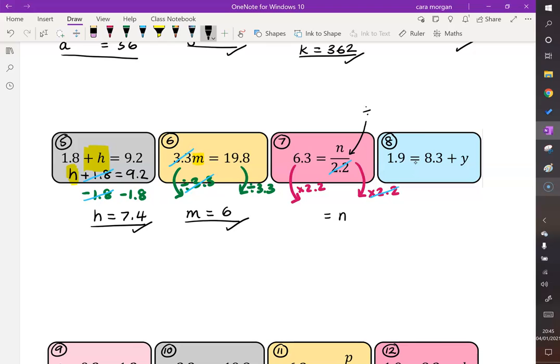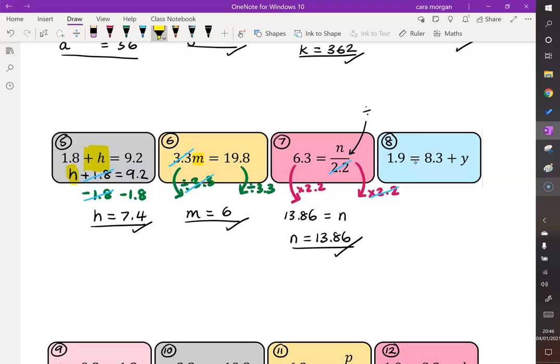And on the left-hand side, that's 13.86. I might just write n is equal to 13.86 because I quite like my variable to be on the left-hand side. Now, before I move on, I'm going to check that I've done it right. So 13.86 divided by 2.2, yes, that gives me 6.3, so I can move on.